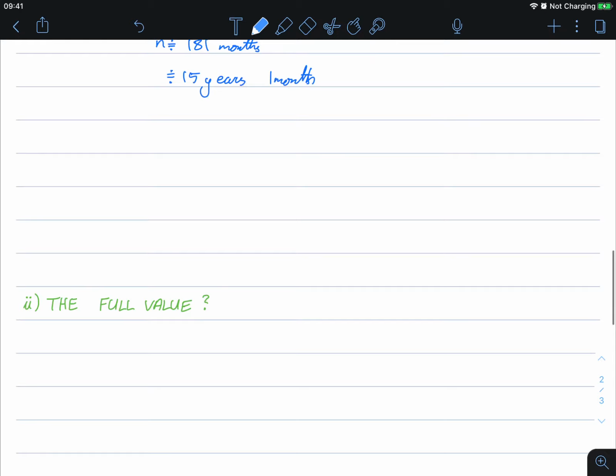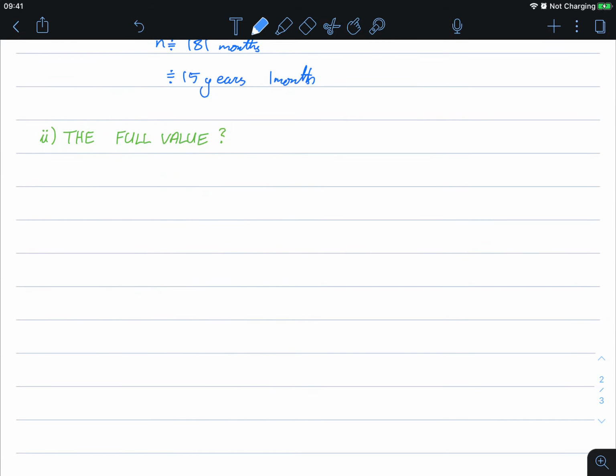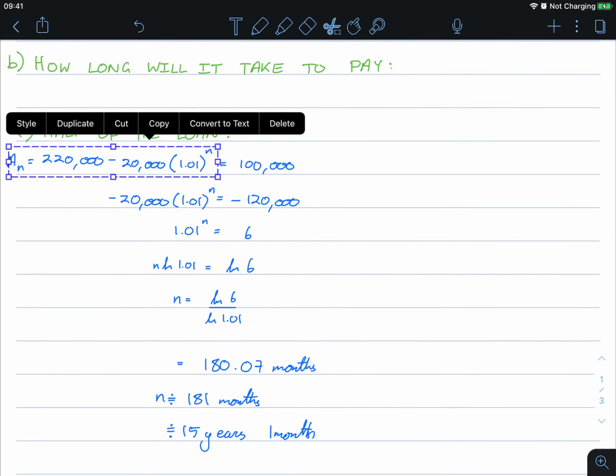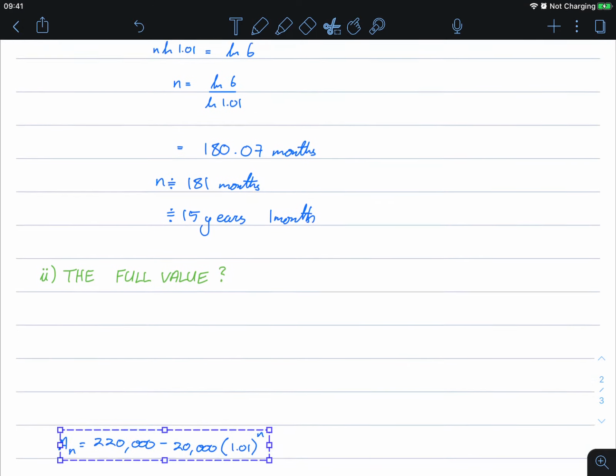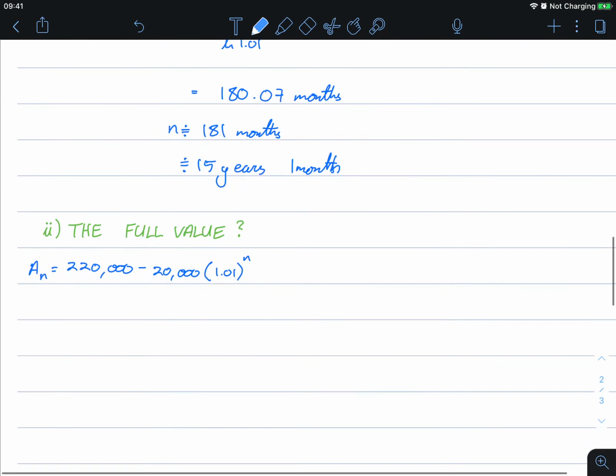Let's do this again for the full value of the loan. Once again, we're going to take the expression that we had, A of n, but this time the full value of the loan means there is nothing left at the end of the loan.